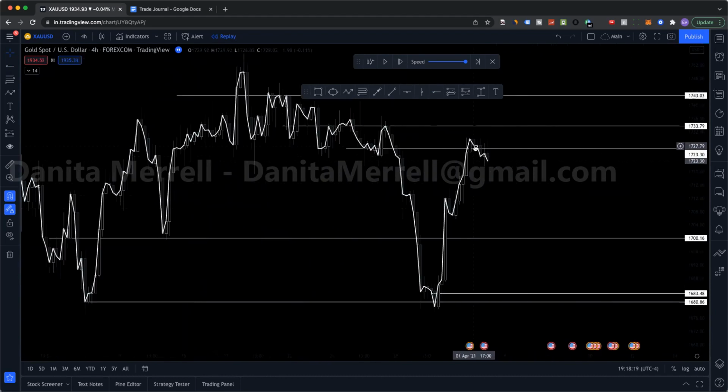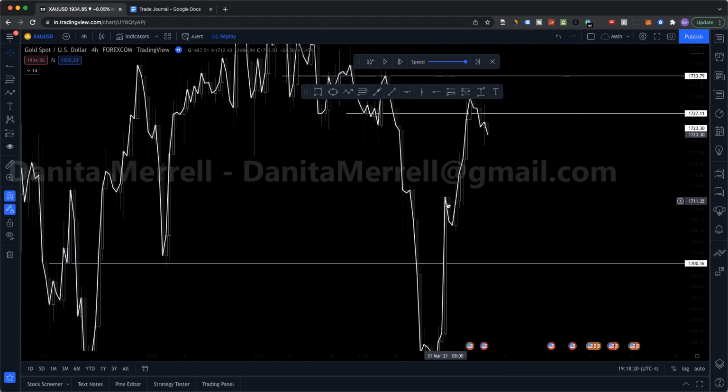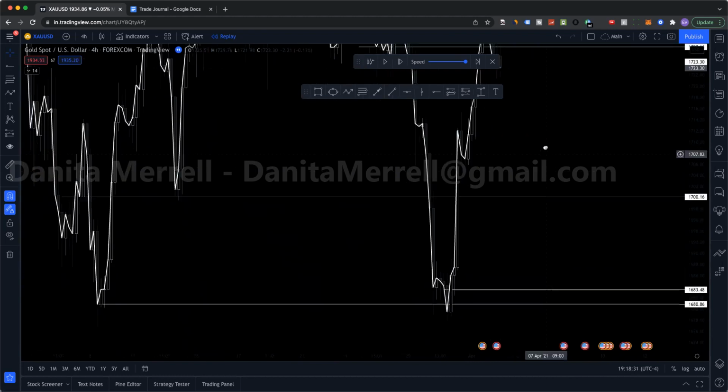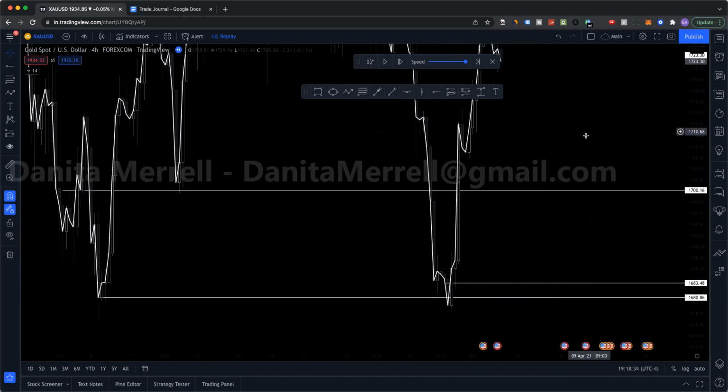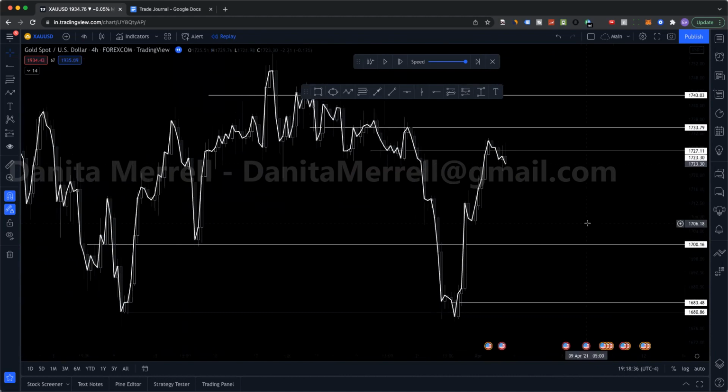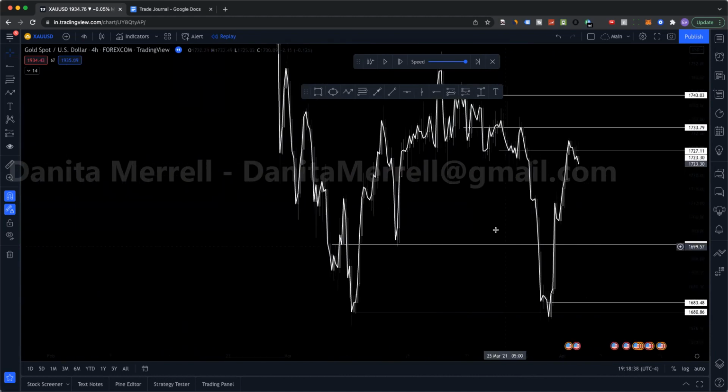Okay, so as you can see, we have our first resistance area that pushed price down, price came back up into it, and then it's pushing back down. Okay, so there's these levels down here, here, okay, and obviously there's a QM level here. So we just have to monitor price. But our overall projection should be bullish because we're trading from monthly support.